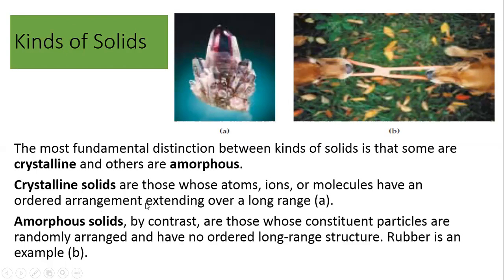So if the atoms or molecules are present in a more ordered form, then this type of solid is called a crystalline solid, like the sodium chloride crystal here. By contrast, if the molecules are randomly arranged, not in an ordered form, then the solid is called an amorphous solid. Rubber is an example of an amorphous solid.